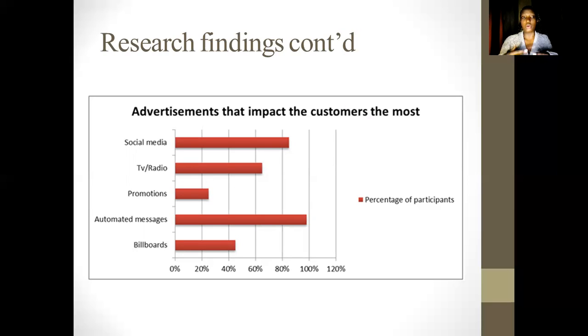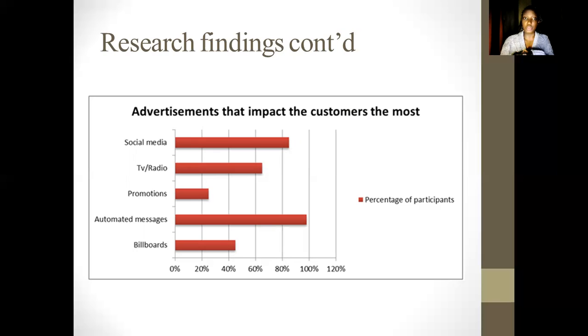So this specific finding helped me to know the extent to which digital marketing satisfied the customers. I can say that the percentage is showing how the customers use or the advertisements that attract them the most.